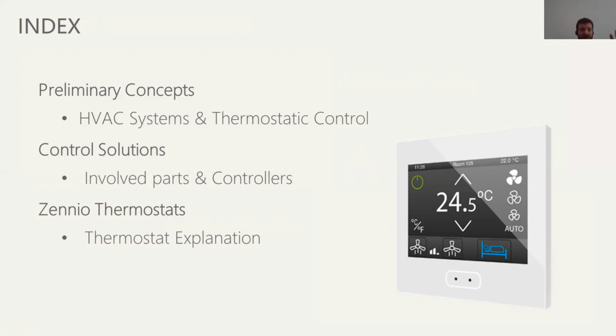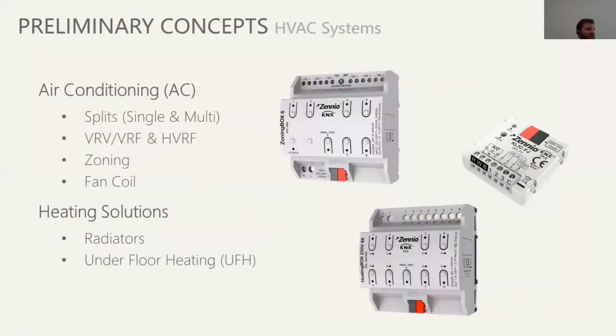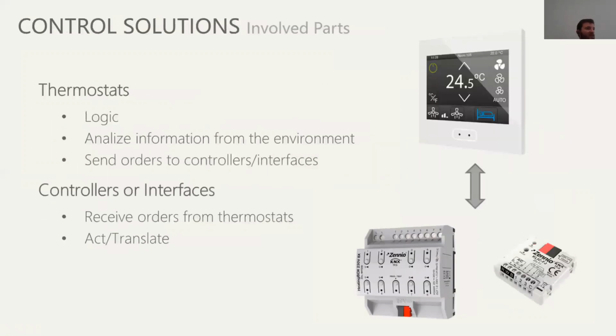So we've seen some of the most common HVAC systems: AC, underfloor heating, radiators, and how the thermostatic control works in terms of 2-point hysteresis, PWM, PI control. We've then seen the control solutions, the parts involved, the thermostats, and the controllers.